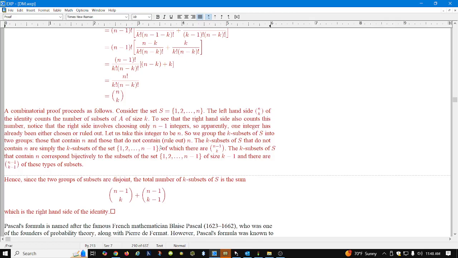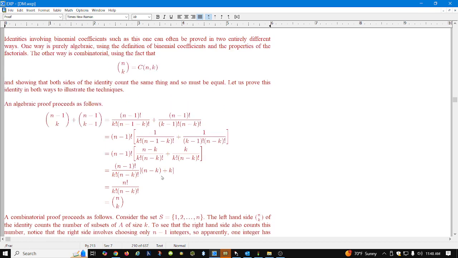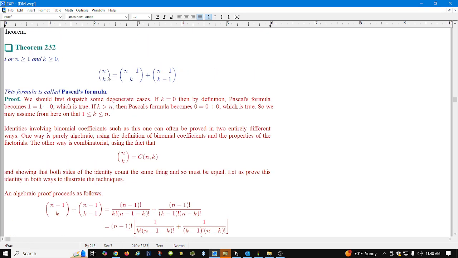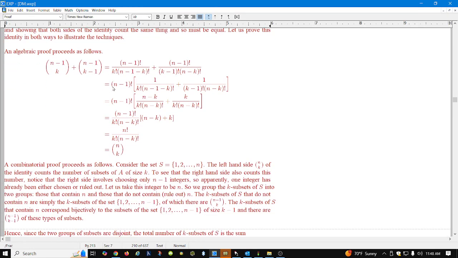So consider, the first thing you generally do with a combinatorial proof is you set the underlying set, and the most convenient set of size n for this purpose is the set 1 through n. Now the left-hand side just counts the number of subsets of size k taken from this set S. Okay.